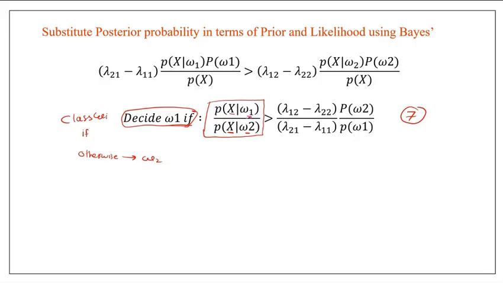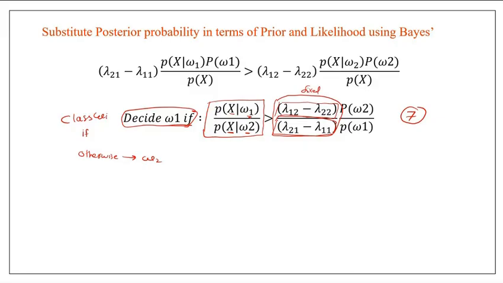So these are two likelihood terms, and we are taking the ratio of that. If this ratio is greater than this loss difference, lambda 1 2 minus lambda 2 2, divided by lambda 2 1 minus lambda 1 1, so this is a ratio, this is a fixed quantity.